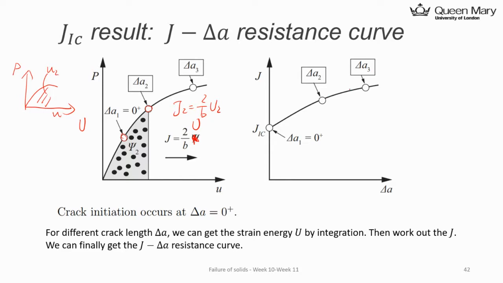So by doing different integrations at different crack lengths, you have this R curve. It's more commonly called the J-delta a curve, which is the R curve for nonlinear solid. Okay. So that's how you can simplify the J integral into a much easier way to do your experiment.